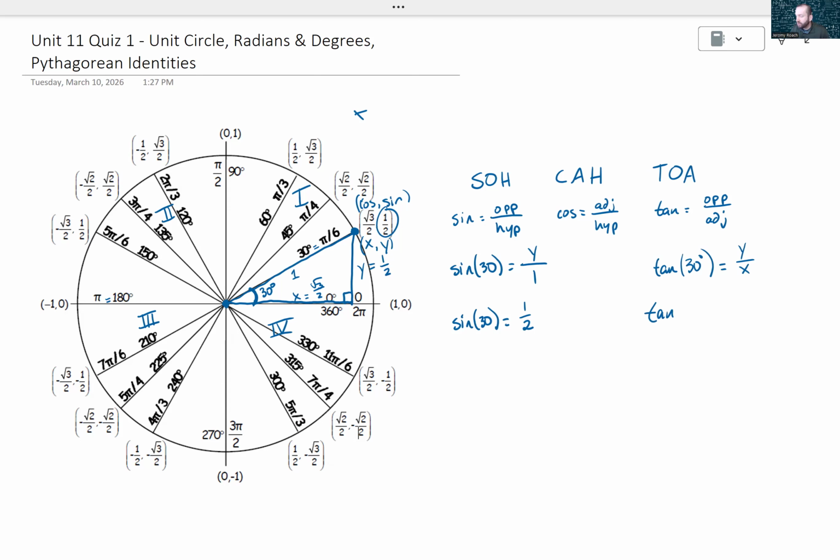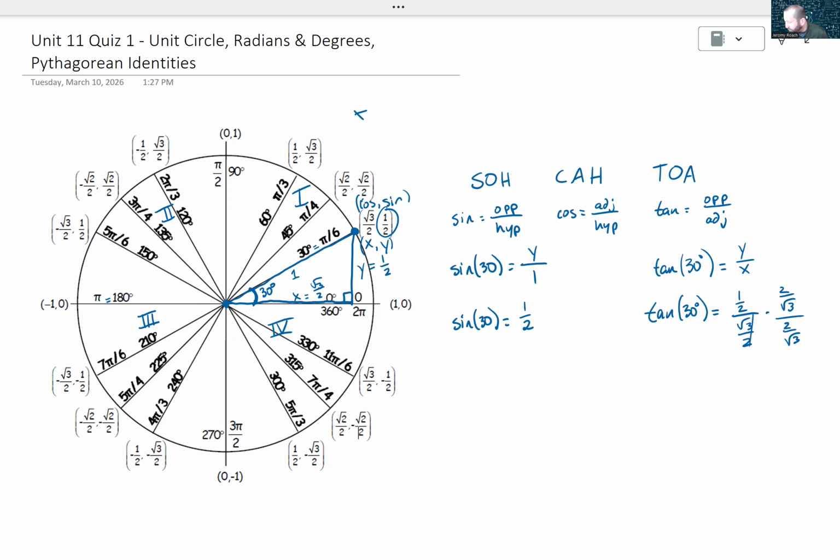So to find tangent of 30 degrees, we know y is 1/2, and we know x is √3/2. And then we would rationalize the denominator, and we would just multiply by 2 over √3, 2 over √3.